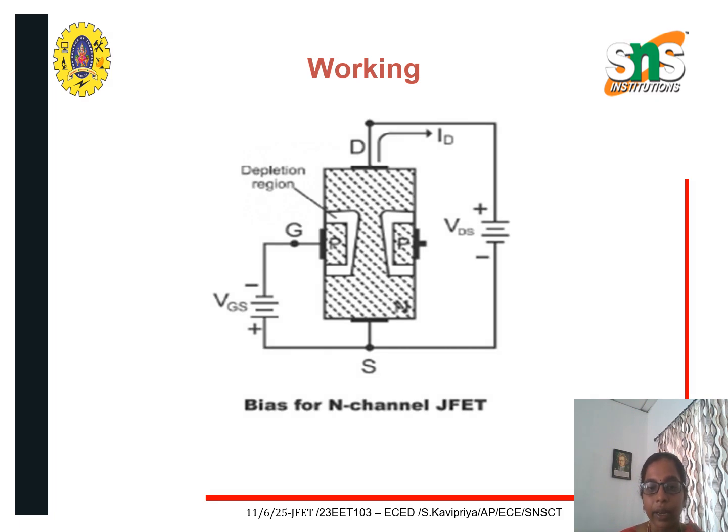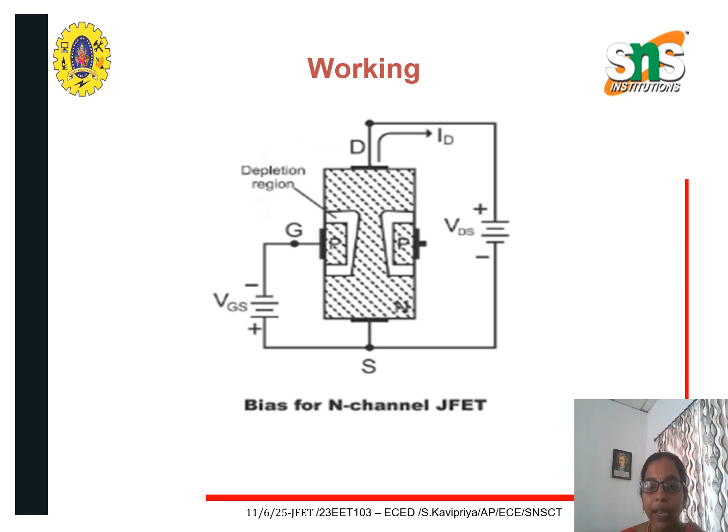Here in this diagram the complete working of a JFET is shown. The reverse bias gate voltage is applied across the gate terminal, and the current flow occurs between the drain and the source, which is nothing but ID. ID is the drain current. The voltage available across the gate and source terminals is VGS, and the current that flows between the drain and the source terminal is ID.